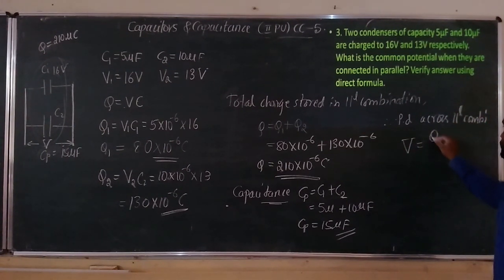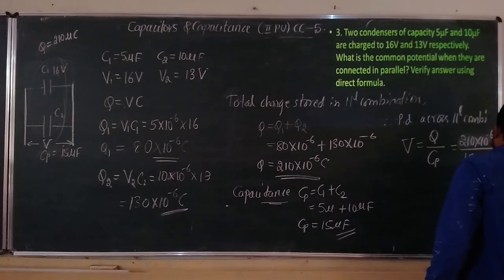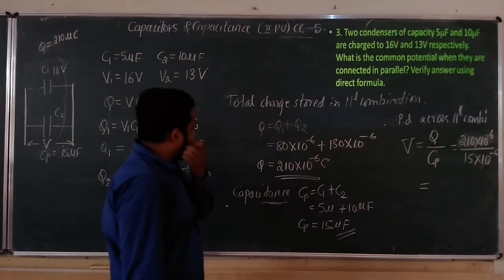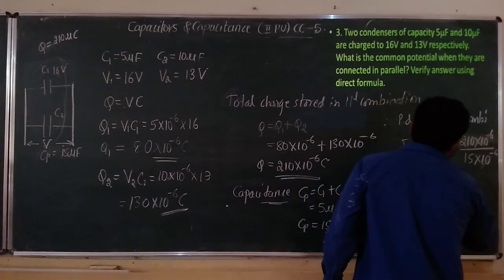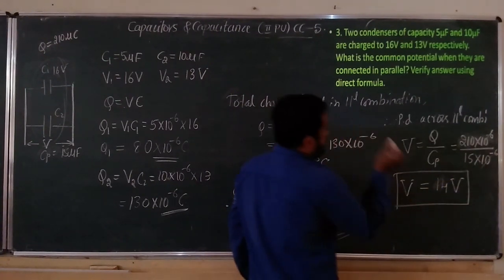V is equal to total charge Q divided by effective capacitance Cp, which is 210 into 10 to the power minus 6 divided by 15 into 10 to the power minus 6. The 10 to the power minus 6 cancels. So 210 divided by 15 is 14 volt. So V is equal to 14 volts.